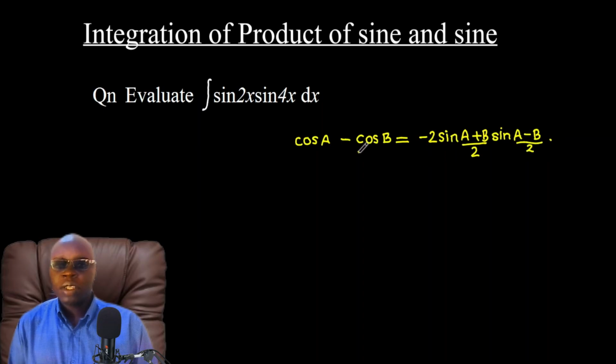This is the factor formula that corresponds to our question, because we have sine of different angles, 2x and 4x, and these angles are different. The only difference is the number before, that is -2. We don't have any -2 here.